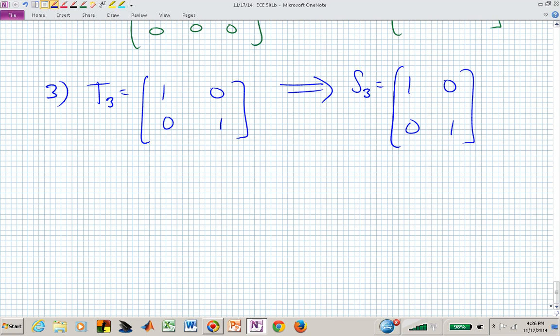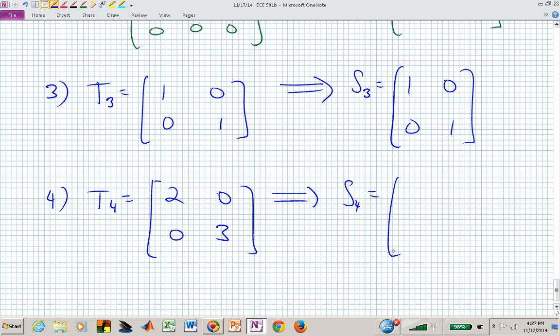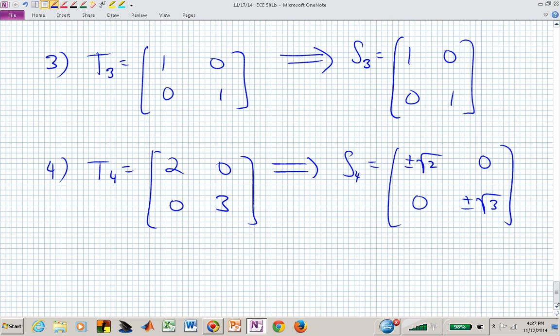What about t sub 4 being 2, 0, 0, 3? These diagonal ones are pretty easy to find square roots of. This could be plus or minus the square root of 2 and plus or minus the square root of 3 on the diagonal, and that's going to give us the square root that we want for t sub 4.